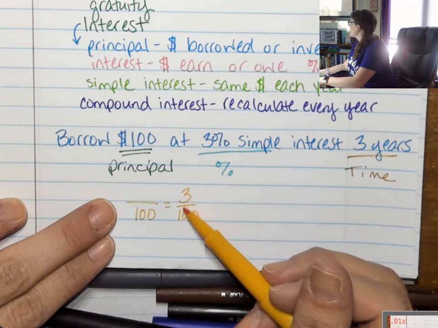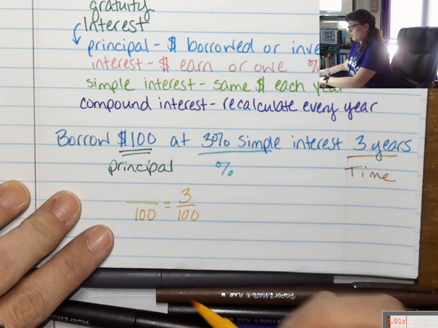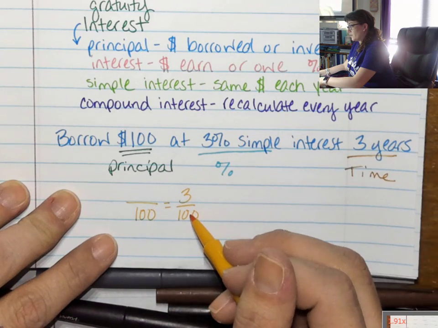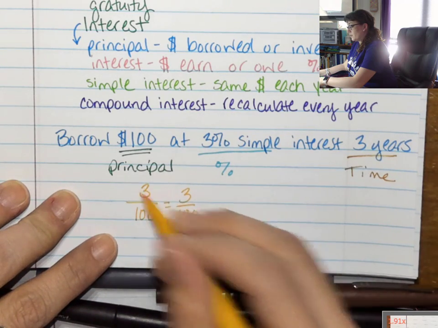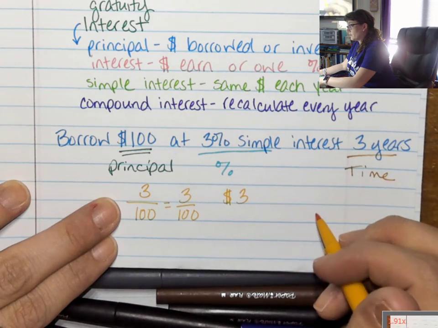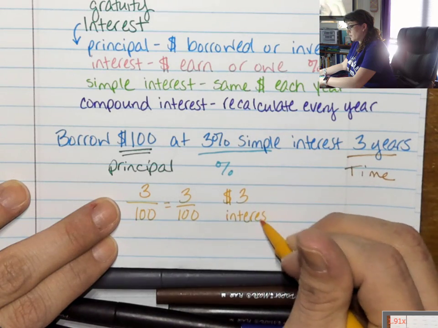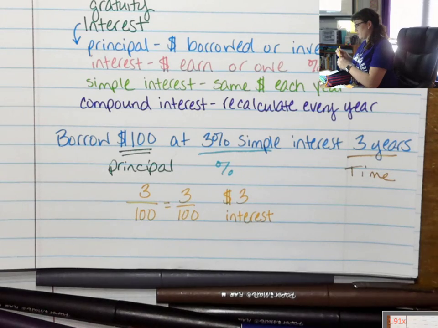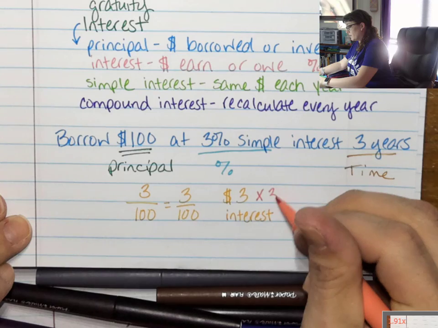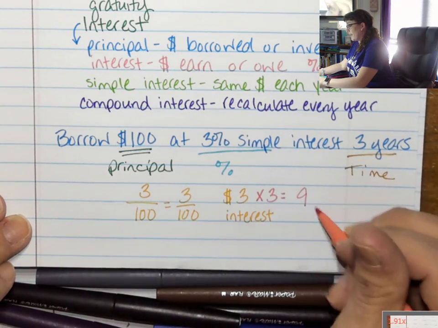So what's 3% of 100? What's 3 times 100, divided by 100? 3. So I'm going to earn $3 interest each year. And how many years am I going to do that? 3 years. So each year I get $3, so times 3. And that's going to be how much money? $9. This is my interest.